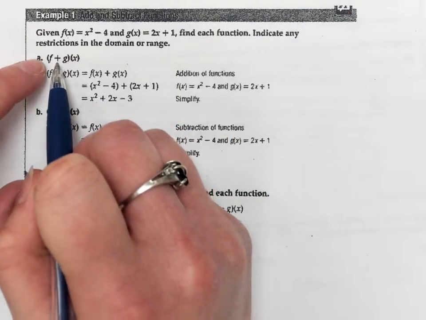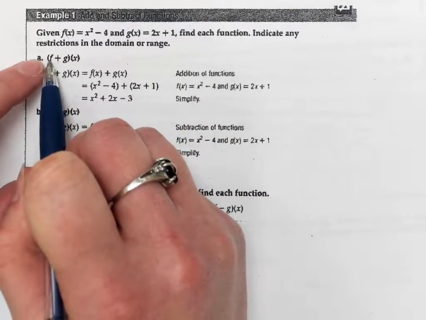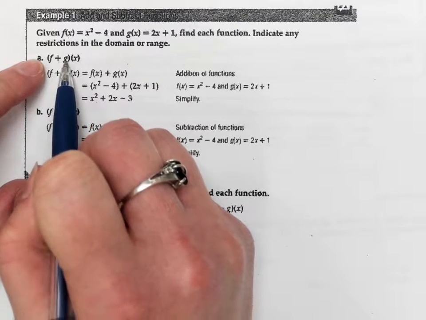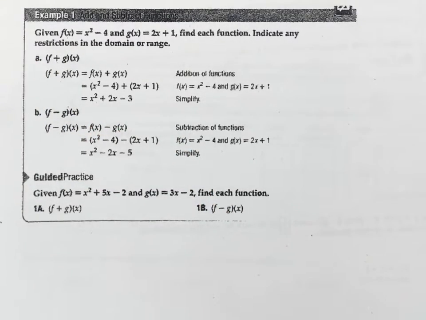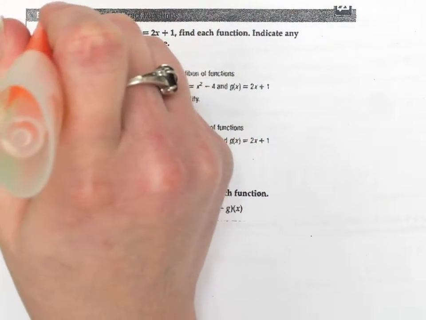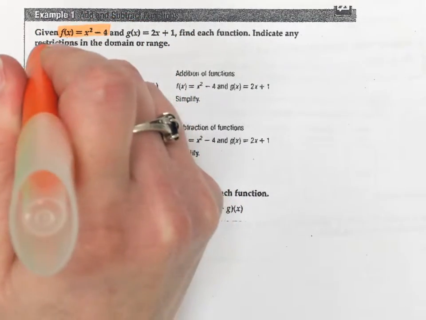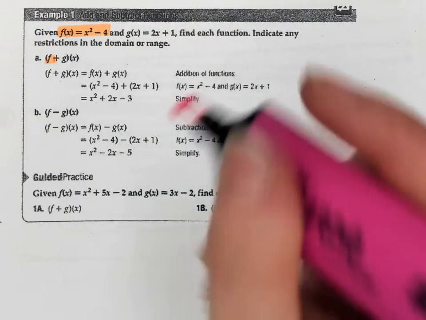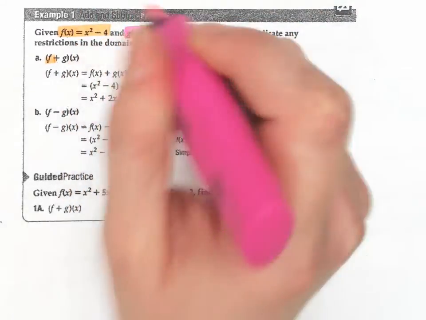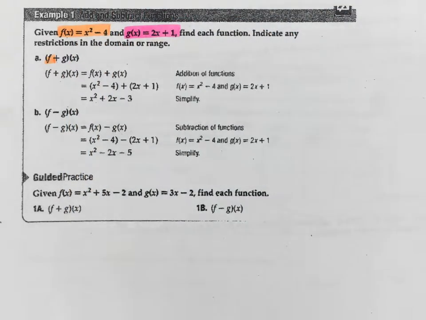So basically all you're going to do is you're going to add the function f, which is x squared plus 4, with the function g, which is 2x plus 1.